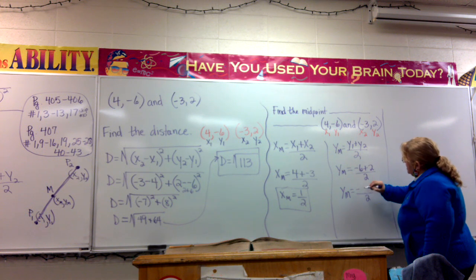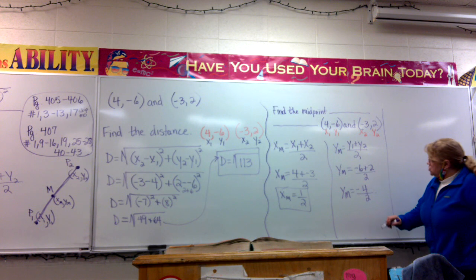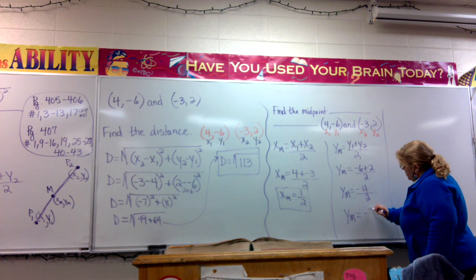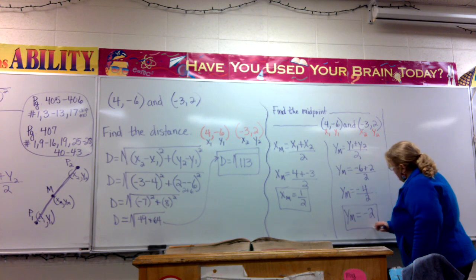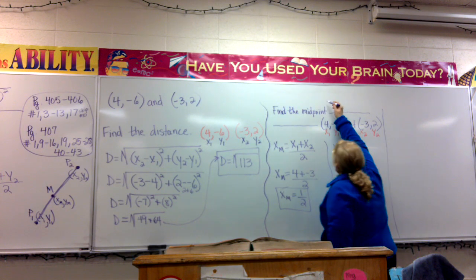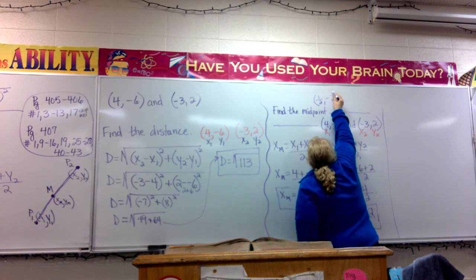This is just -4, right? -4 over 2. What is -4 over 2? -2. So our midpoint then, the midpoint, it's 1/2, -2.